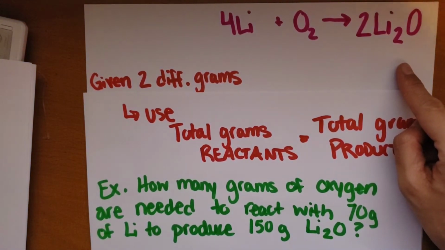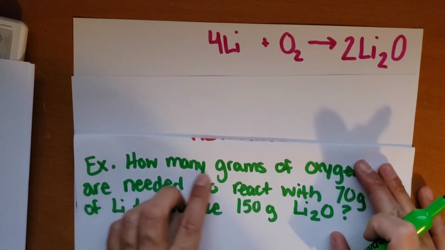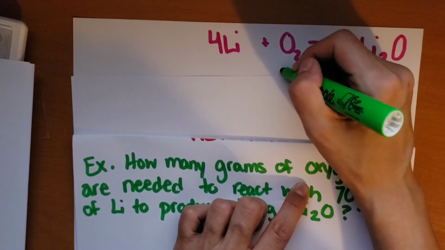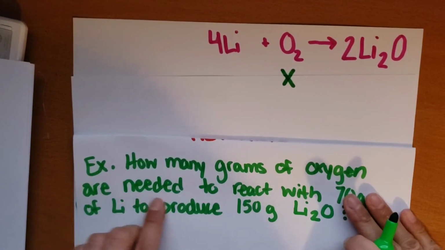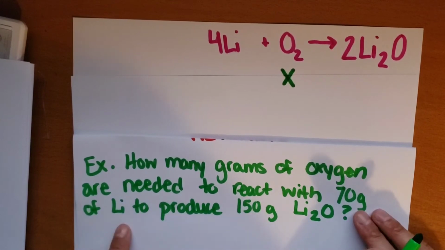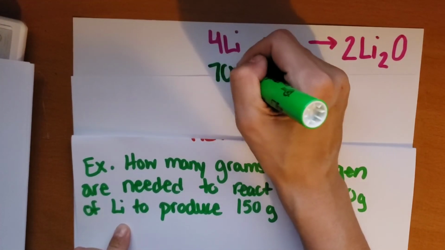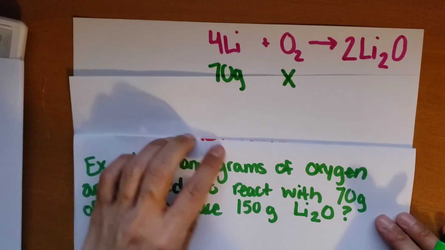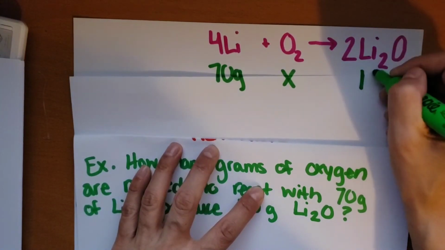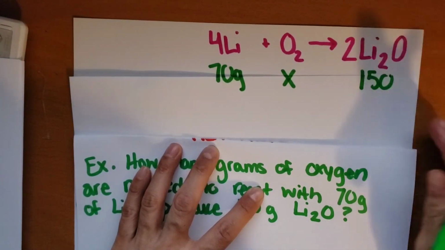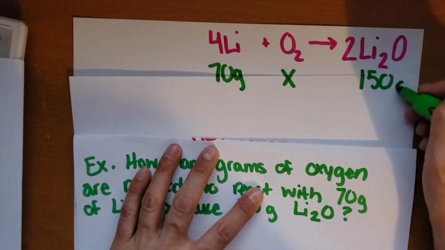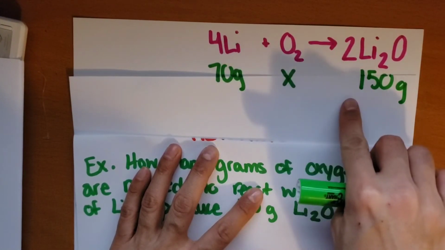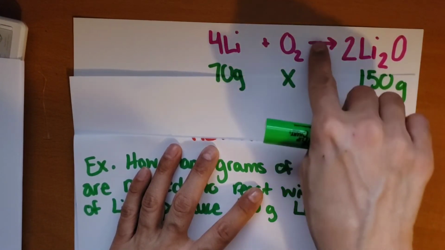It asks how many grams of oxygen, so we'll just write X, are needed to react with 70 grams of lithium. So I have 70 grams to produce 150 grams of lithium oxide. Recall that matter cannot be created or destroyed.